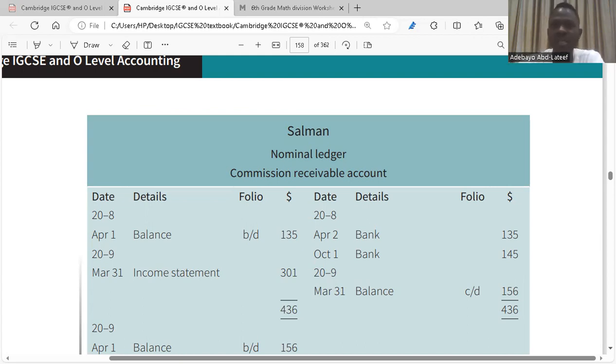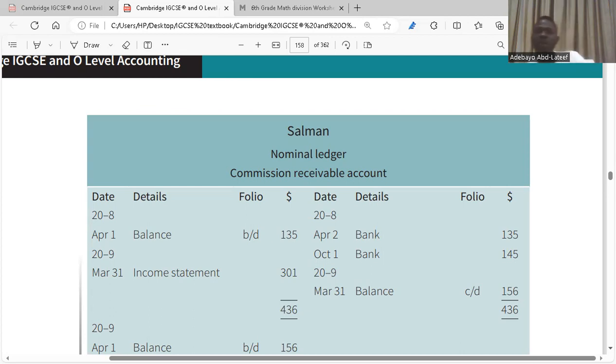Do you get it? Yes. It's an opening balance, 135. And then you add that. If Salma has not done the job, it will be on the credit side. So this amount was due for Salma that has been paid now.